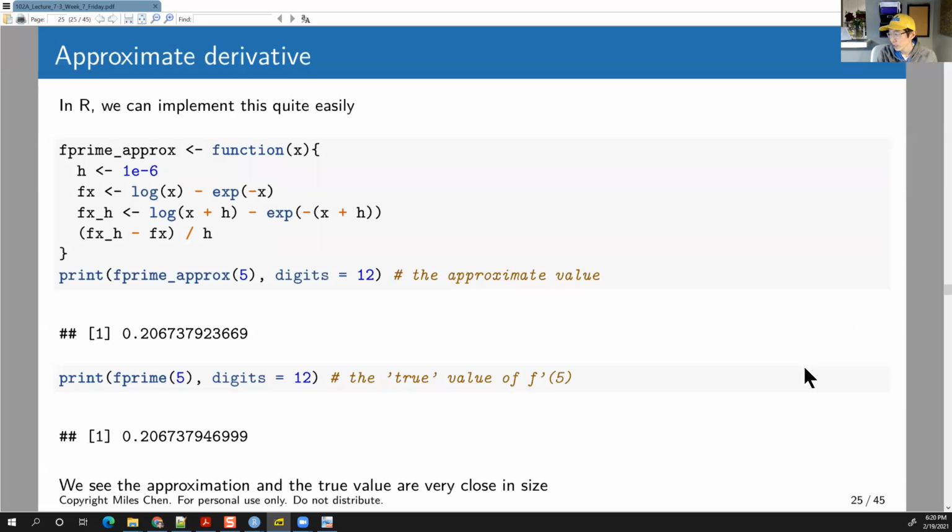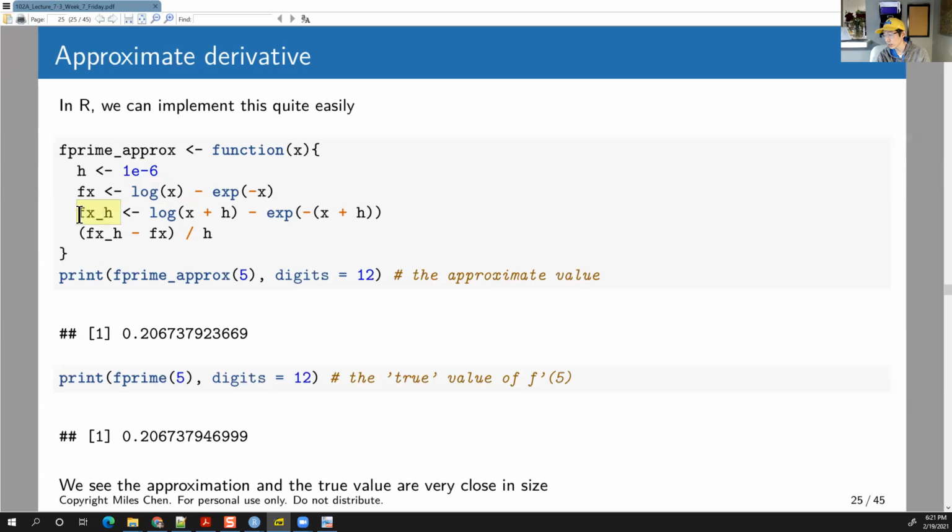Here I've written a function that's going to get an approximate value for the derivative. Here h is 10 to the negative 6. I'm going to evaluate f at x, which will be log of x minus e to the negative x, and then we're going to evaluate f at x plus h.